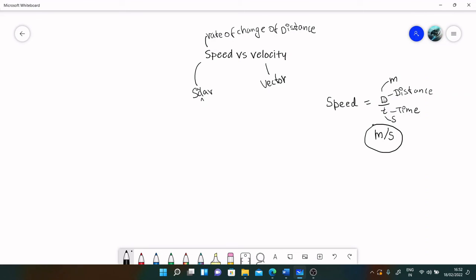Speed only gives us a value, 2 meters per second or 3 meters per second or anything, but velocity tells us the direction too. For example, velocity can be 2 meters per second north, 2 meters per second south. It gives you the direction along with it. That's why it's velocity. That's why it's a vector quantity.